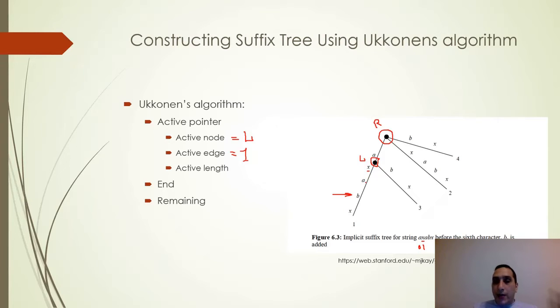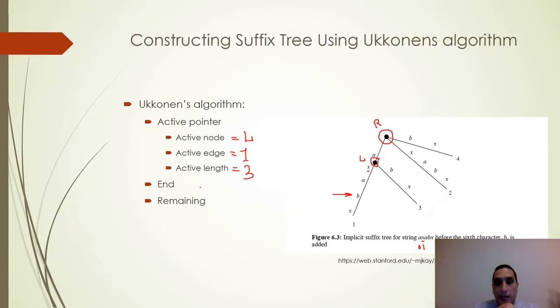We have X, we have A, we have B, we have X. So in order for us to tell the algorithm that it needs to work on the character B, we need to specify how far the character B is from the node L. And we can tell the algorithm this by setting the active length to 3.